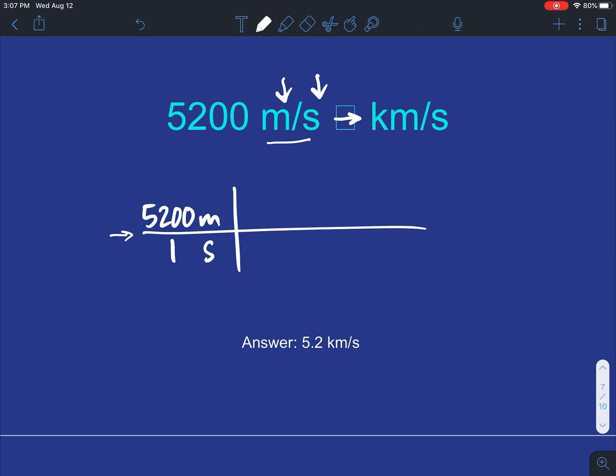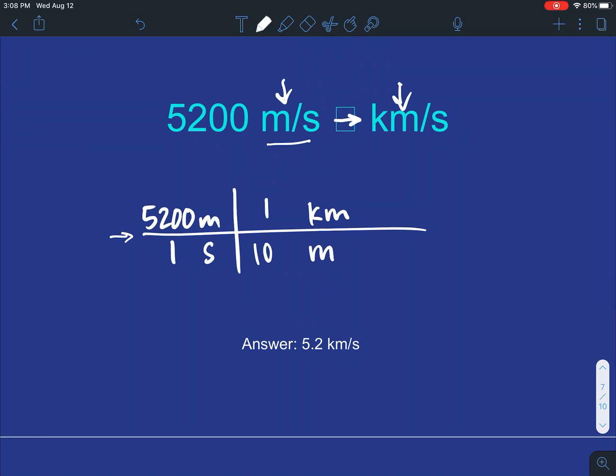Okay, so I want to get rid of meters and I want to get kilometers. So I'm going to put meters down here. I'm going to put kilometers here. And then I'm going to go look at my conversion sheet and I see that in 1 kilometer there are 1,000 meters.